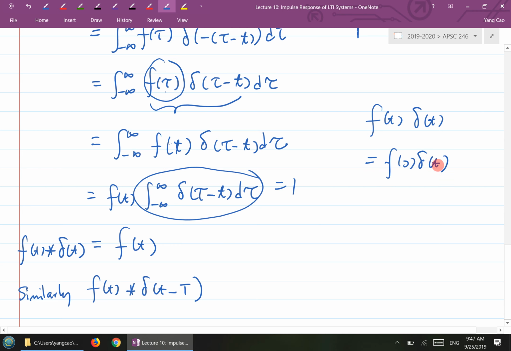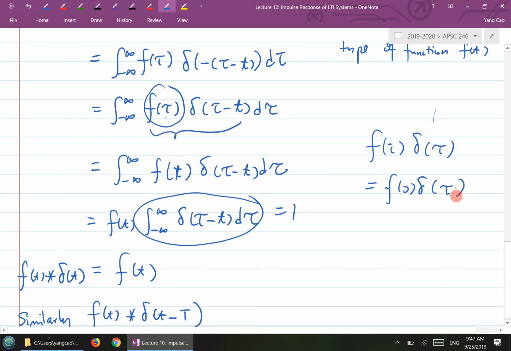But here, if I change to the variable tau, that will be f of 0 times delta tau.